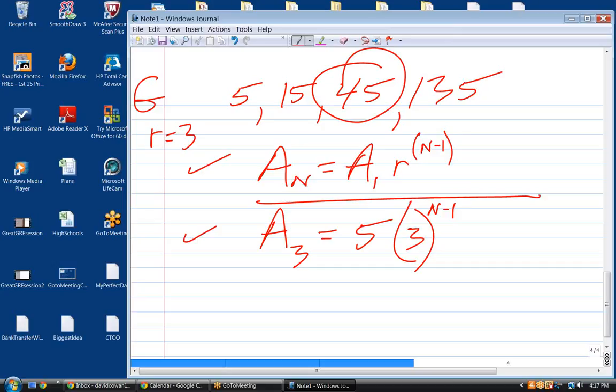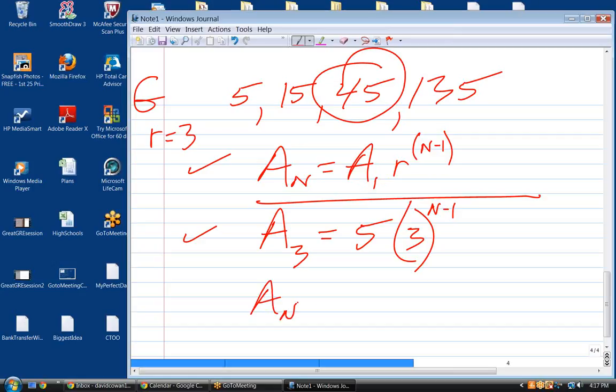Let's talk about the recursive formula. Recursive merely means it's expressed not as a function of the first term and other stuff, like this one is, but it's expressed as a function of the previous term.